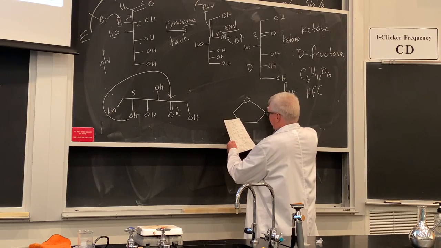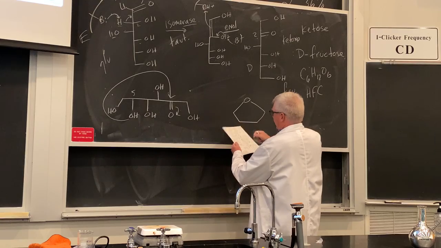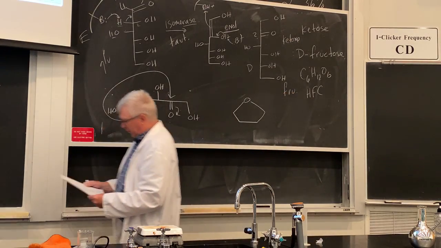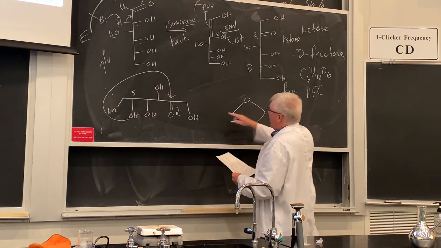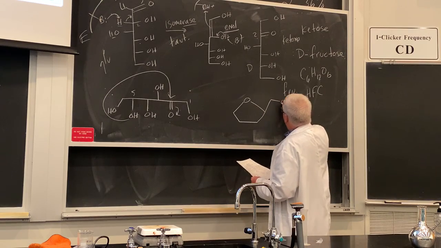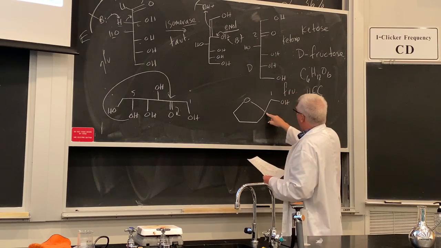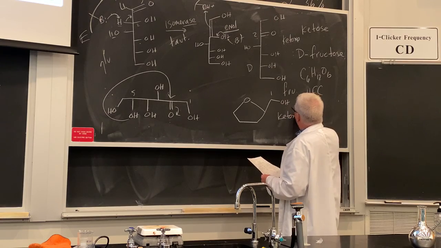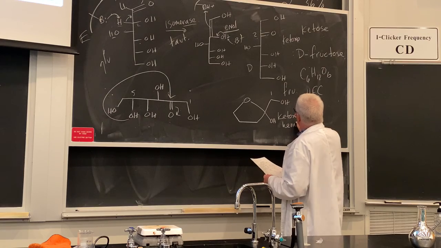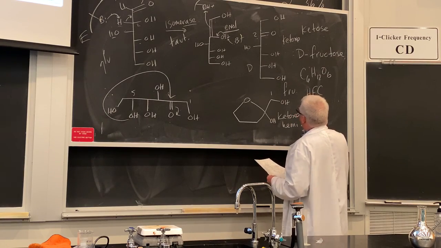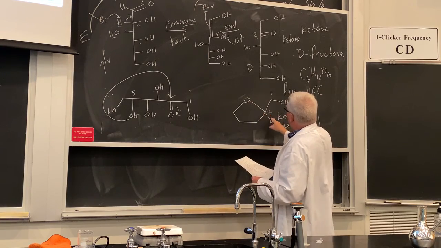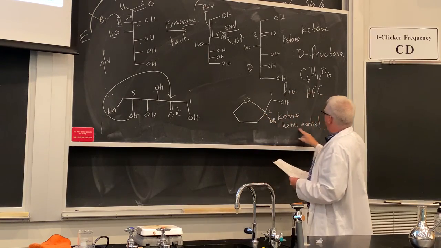And we've got the positions here that are going to be a little bit different in fructose, right? Because we've got this position here, which is the 1 position, and here's our 2 position. So we can have that 1 position right here. Here was our ketone, which means this is now what? A hemiacetal.